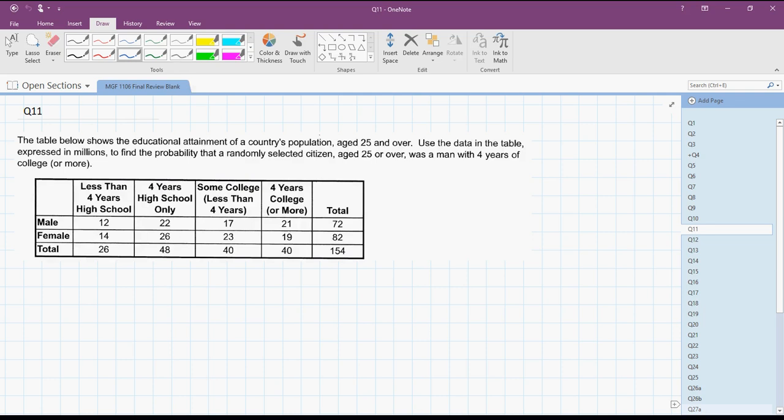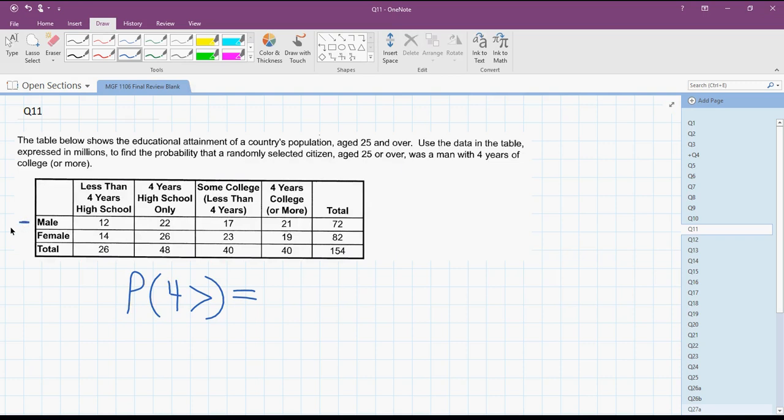All right, so what it wants us to do is find the probability that a randomly selected citizen aged 25 or over was a man with 4 years of college or more. So we want the probability of 4 or more years of college for a man. So, there you go.